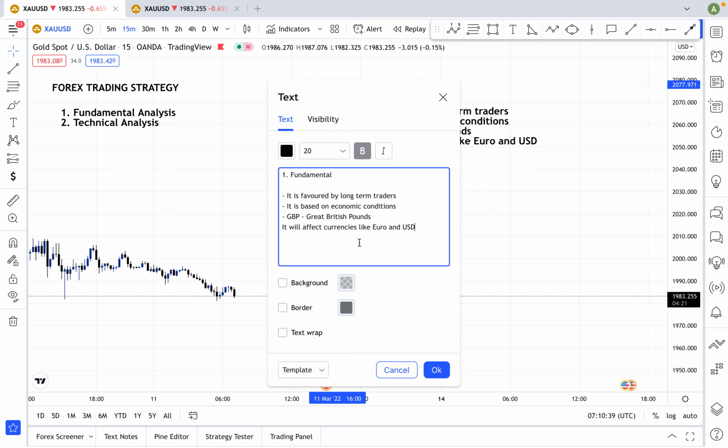It's going to affect currencies like that. Imagine during the time of lockdown, there is no work, there's no labor, there's nothing. Market was just doing as it liked. So when there is a given hope as well, market comes up.